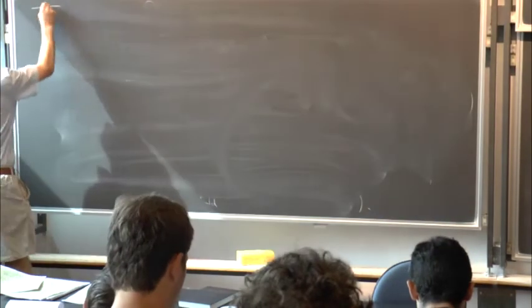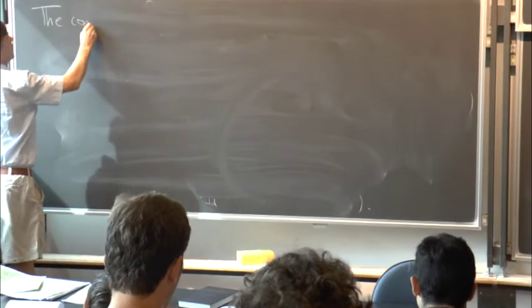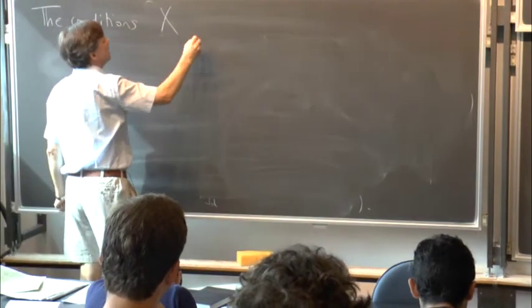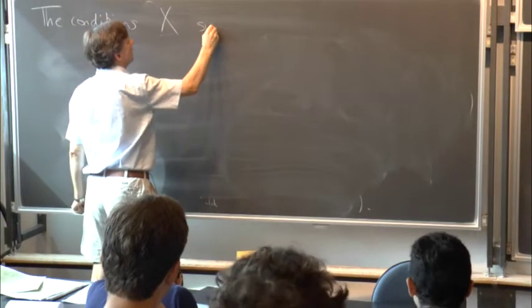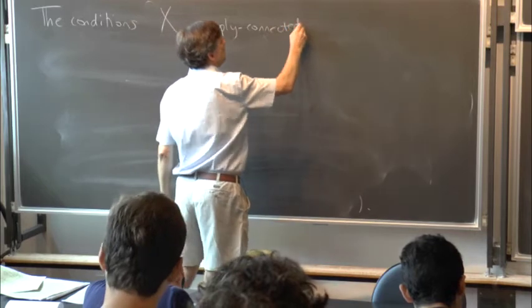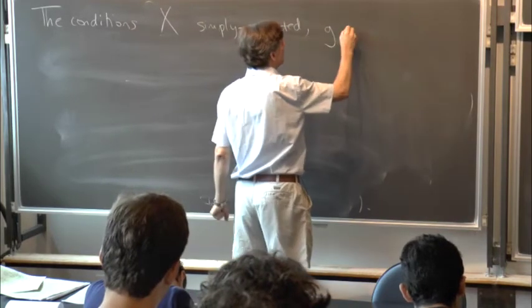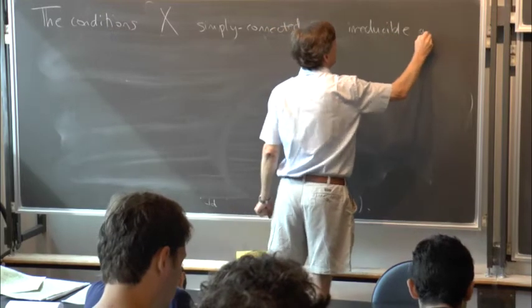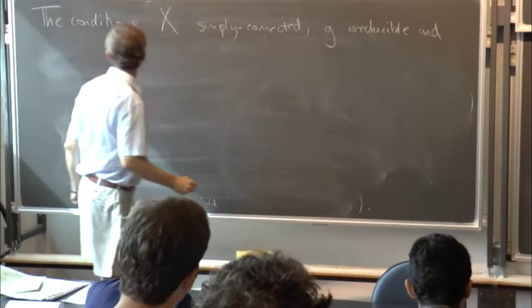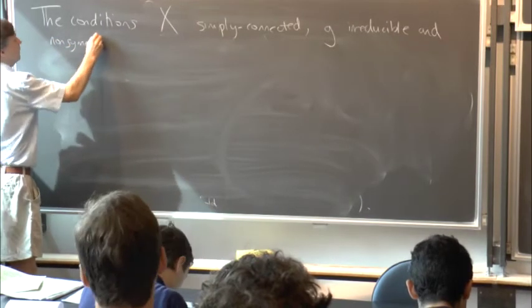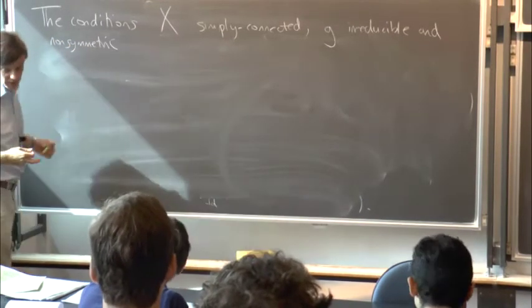So the conditions X simply connected and G irreducible and non-symmetric basically simplify the problem.